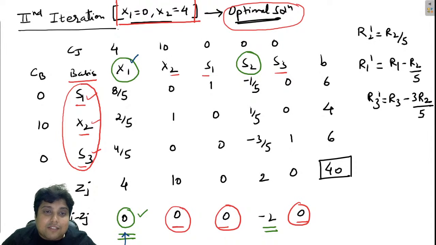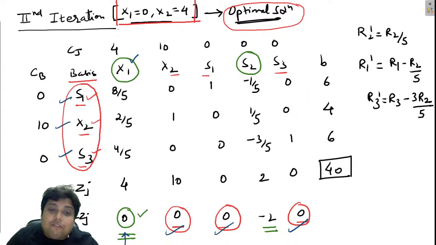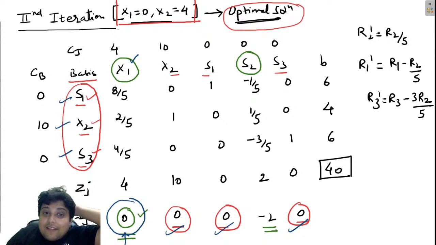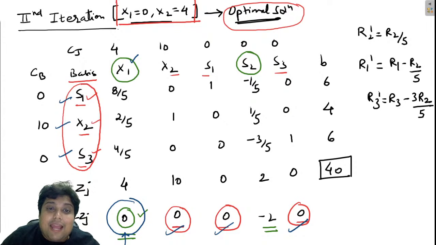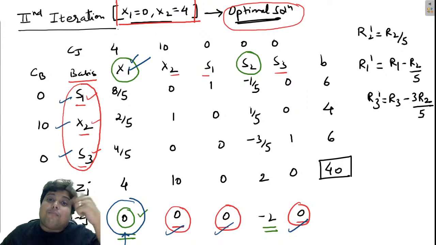So we have 3 basis variables, we have 3 zeros. But in this case, what are we getting? We have one more zero than the number of basis variables, which indicates that if I make this variable x1 the entering variable and someone out of s1, x2, s3 leaves the table, then I will get one more solution.